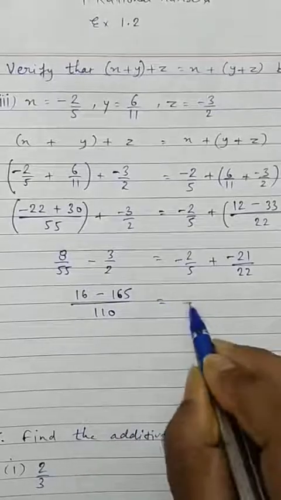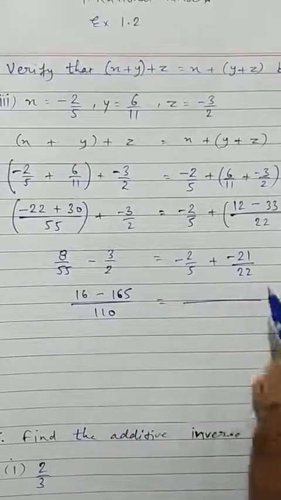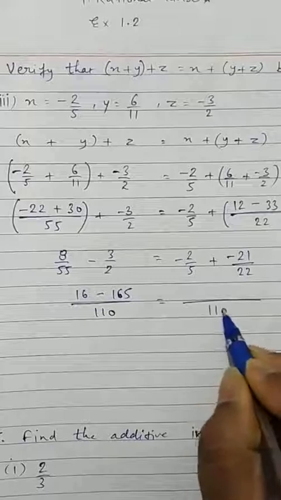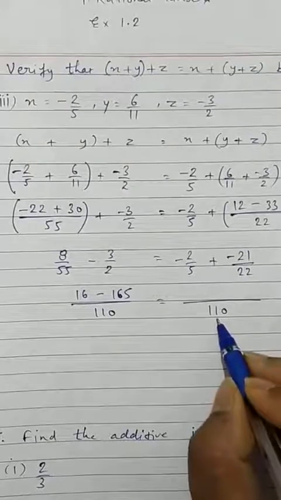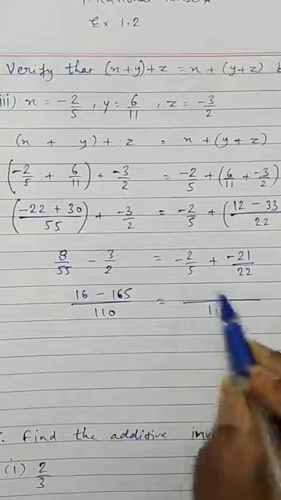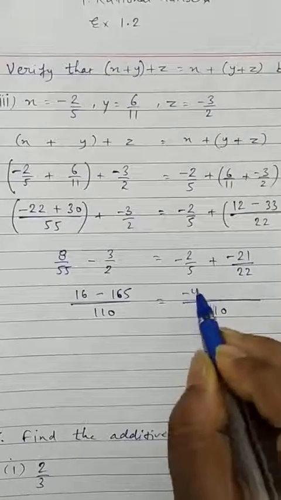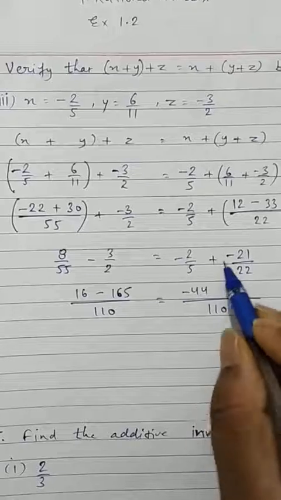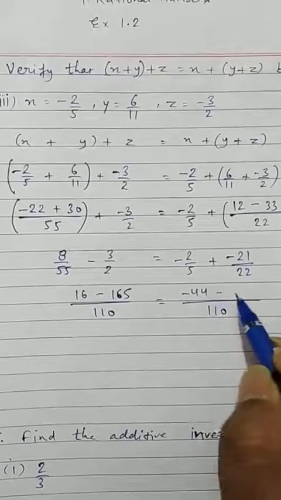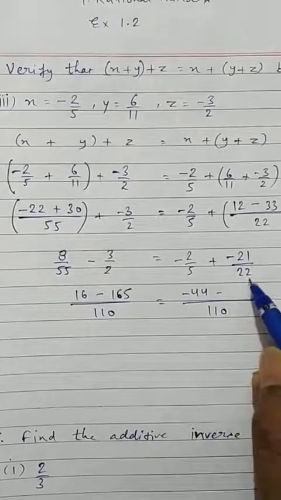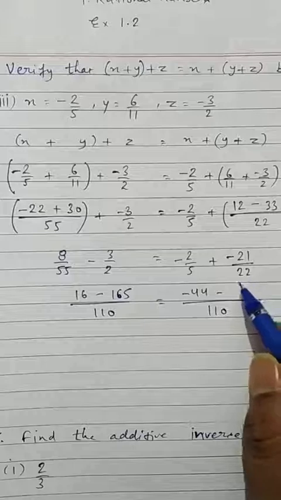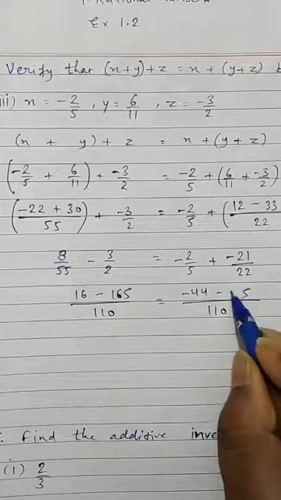On the other hand side, the LCM of 5 and 22 is again 110. So 110 divided by 5 is 22. So 22 2s are 44. Plus into minus gives you minus, and 110 divided by 22 is 5. 5 1s are 5, 5 2s are 10.